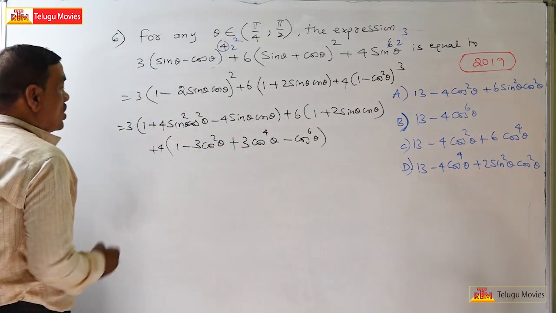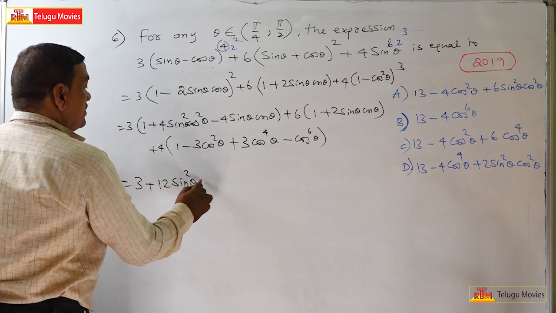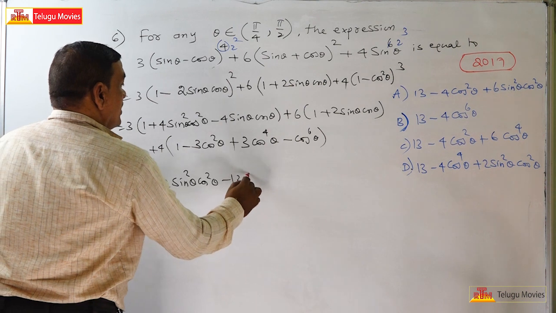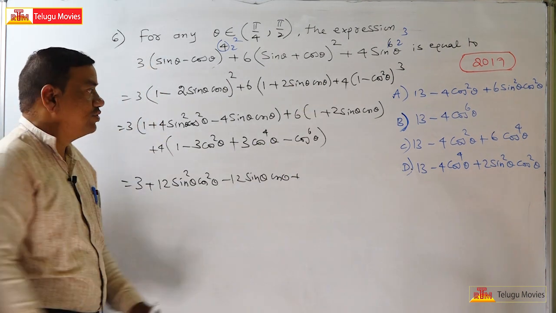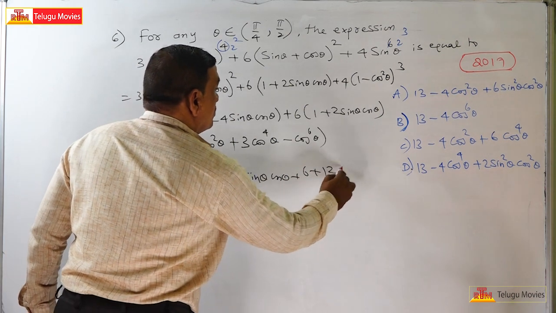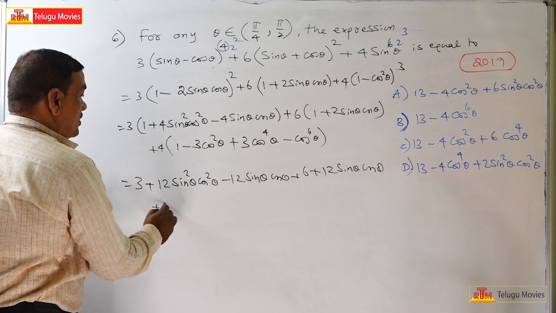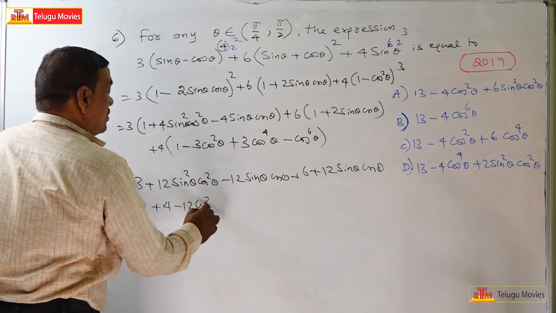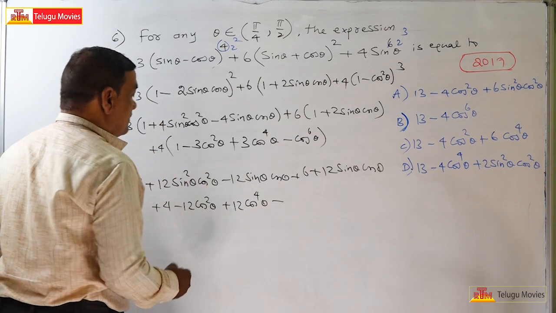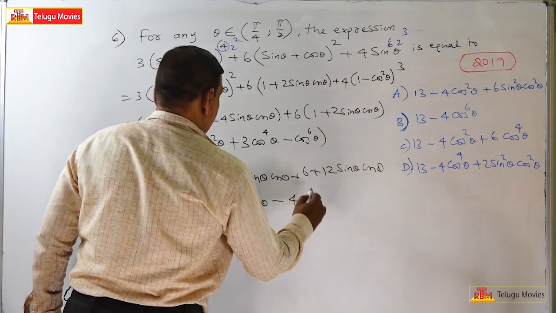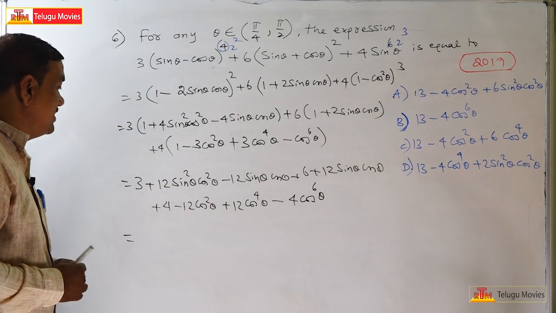Now you multiply this constant also. 3 plus 3 is 12 sin square theta cos square theta minus 12 sin theta cos theta. Multiply 6 inside. So this is equal to 6 plus 12 sin theta cos theta. Multiply inside, that is 4 minus 12 cos square theta, 12 cos power 4 theta minus 4 cos power 6 theta. Now see here, any more cancellations are there?